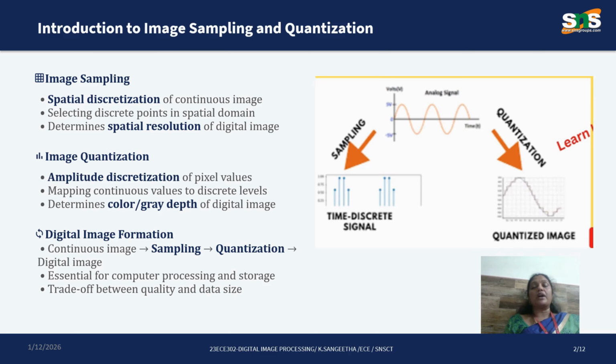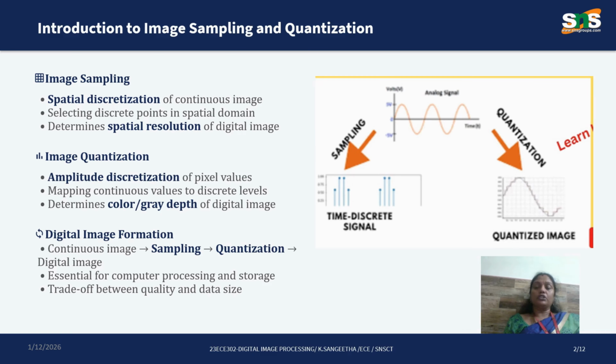And image quantization means rounding off the spatial discrete numbers, that is amplitude discretization of pixel values, mapping continuous values to different intensity levels. So it determines the color and gray values of the digital image.